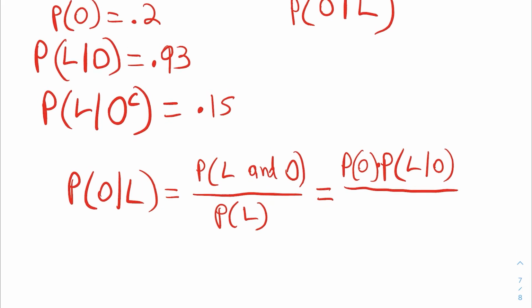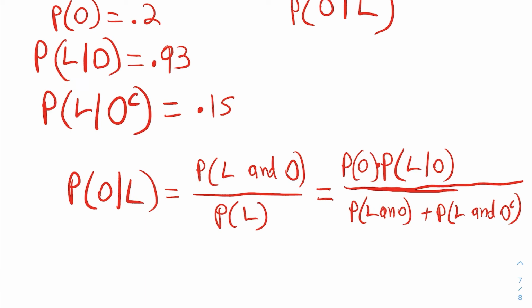But I know that the probability of L can be found by summing up two joint probabilities. I can take the probability of L and O and add it to the probability of L and not O, because the flight is either on time or delayed.